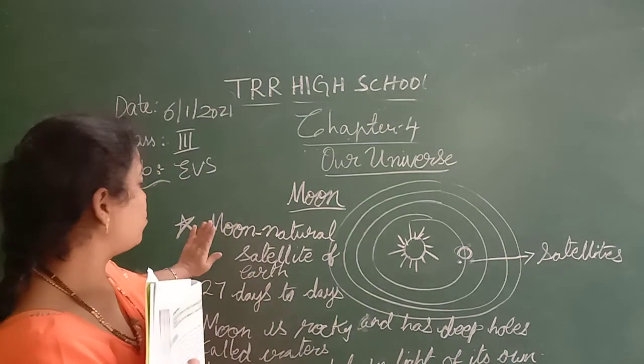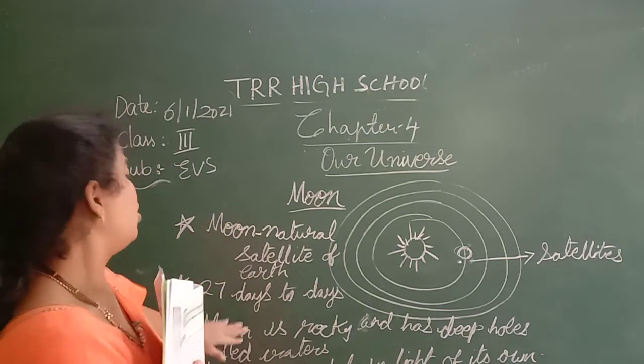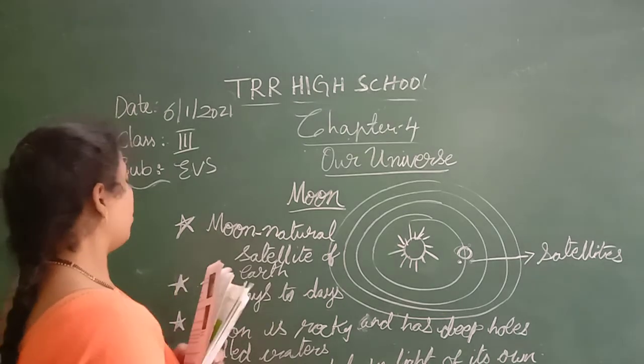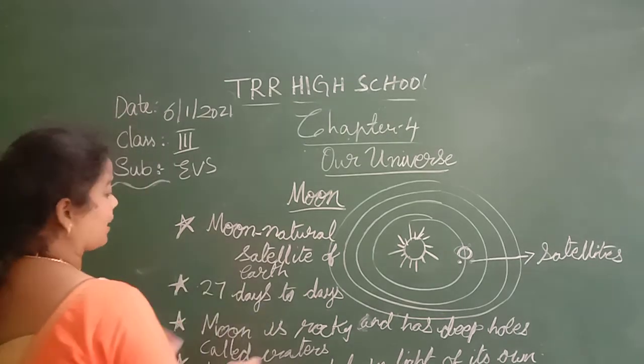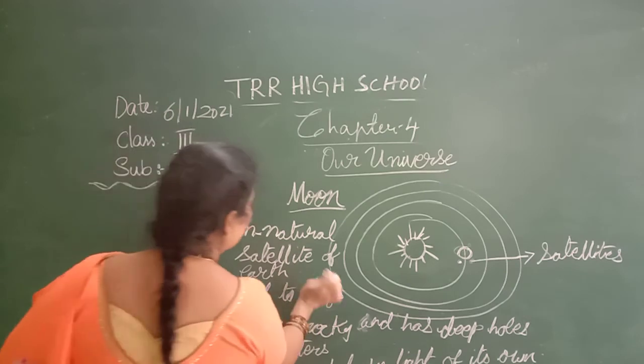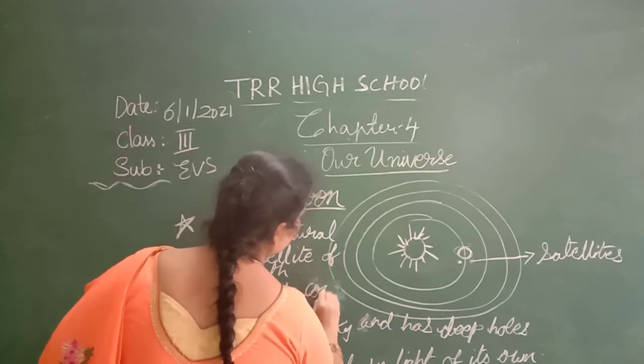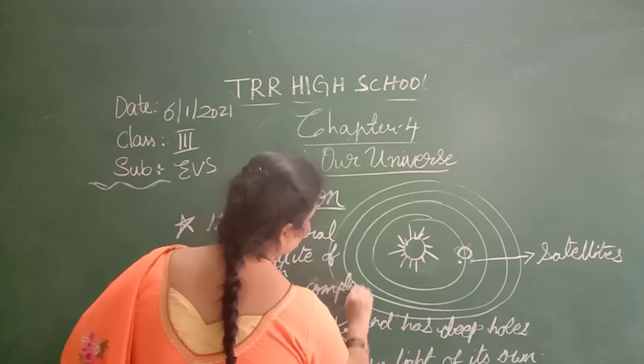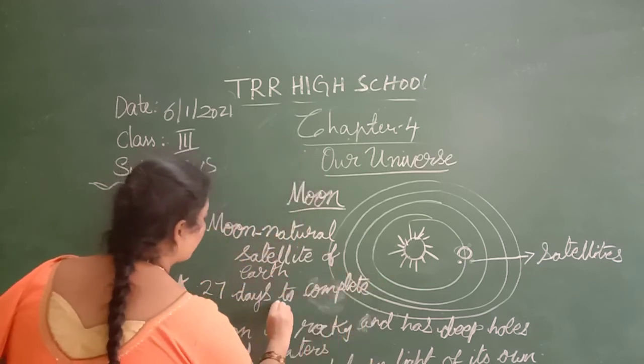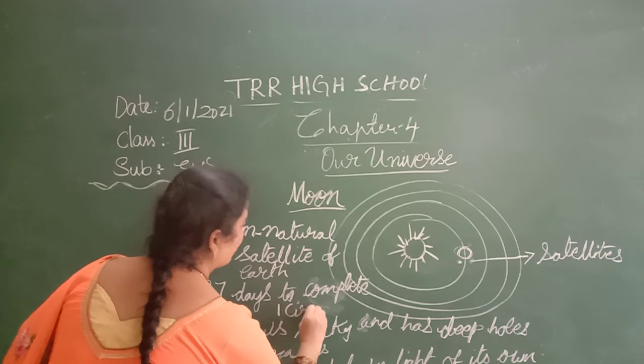We came to know that the moon is the natural satellite of the earth. It takes 21 days to complete one circle.